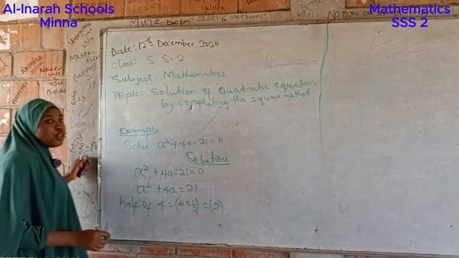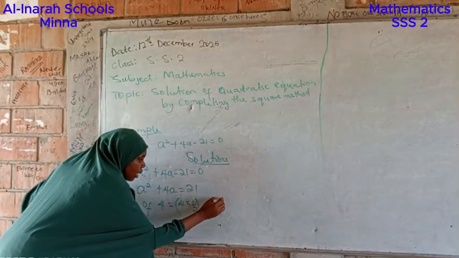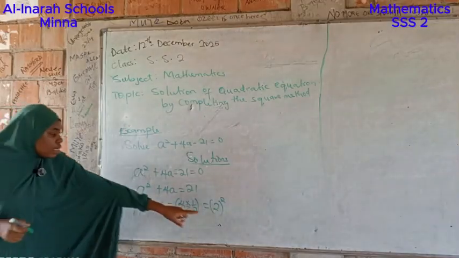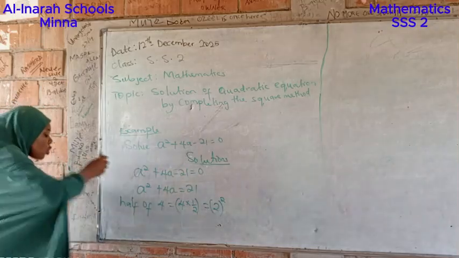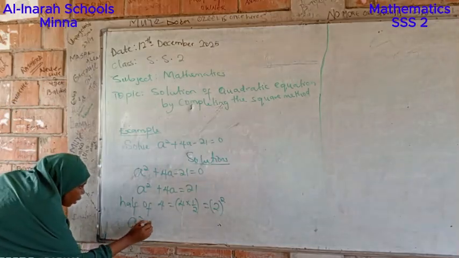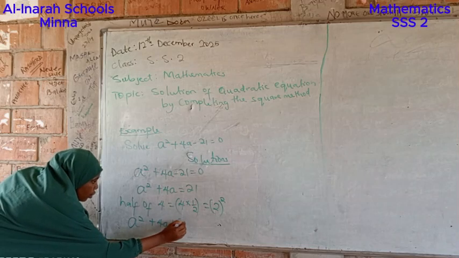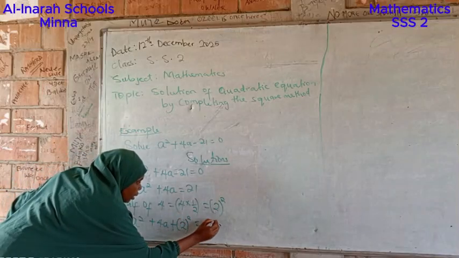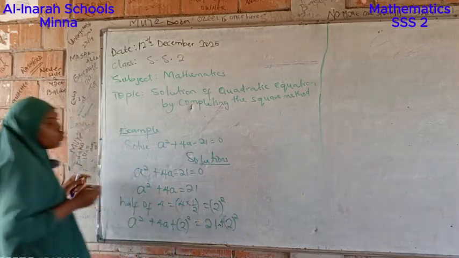And they also say we should square it, so we open our bracket, 2 close bracket raised to the power of 2. Now they say we should add this 2 square to each side. So I'm going to have a square plus 4a plus 2 raised to the power of 2 is equal to 21 plus 2 raised to the power of 2.